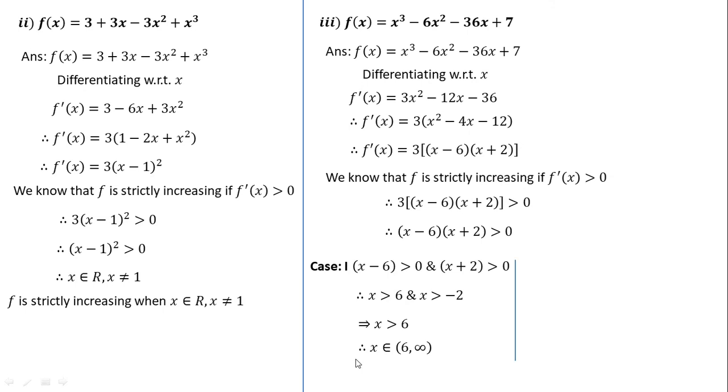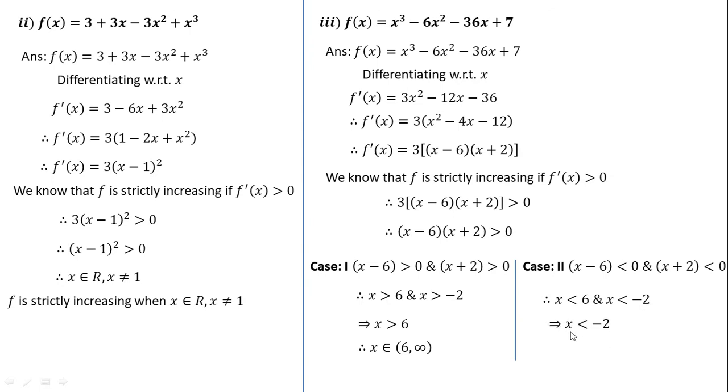Now let us consider case number 2. To get the product of two numbers positive, if both numbers are negative, then also the product is positive. That's why we get the second case. So x minus 6 is less than 0 and x plus 2 is also less than 0. Then we get x less than 6 and x less than minus 2. Now what is the common between them?